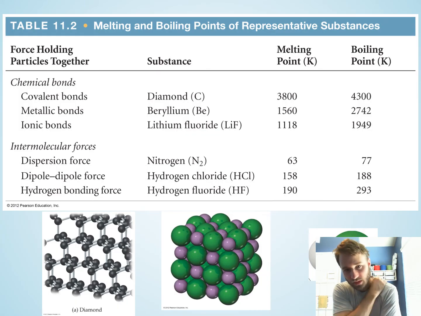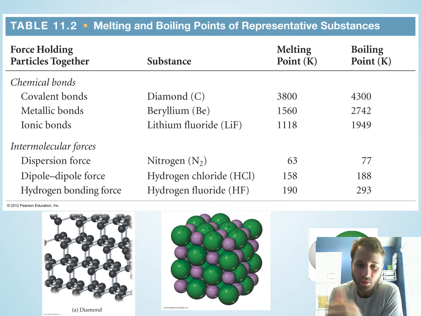Okay. Example of this, right? We look at melting points and boiling points for different compounds, right? Things that are covalently bonded, chemical bonds, ionic, covalent, metallic, right? Have very high melting and boiling points, right? Because they're very strong attractions between the different atoms and molecules, right? Intermolecular forces are a lot weaker than that, okay? But you can still have a wide range of intermolecular forces, right?